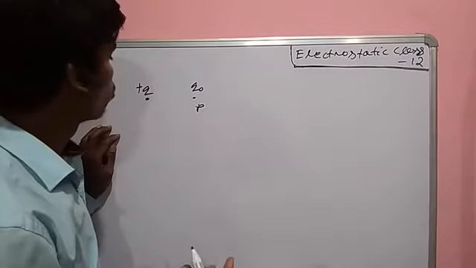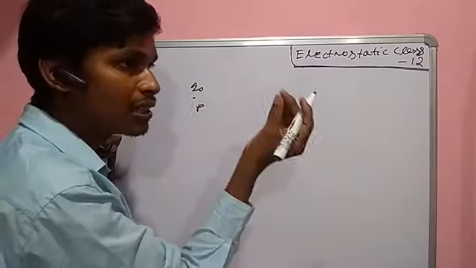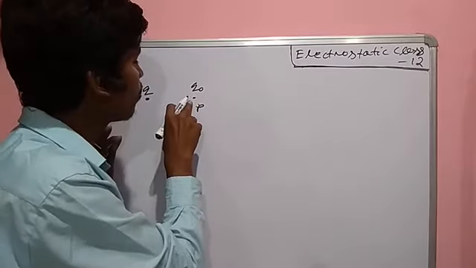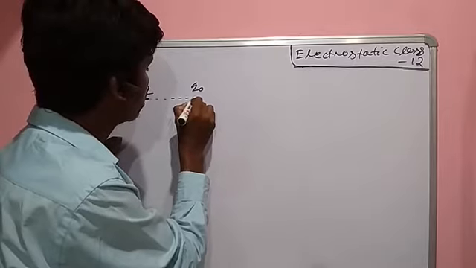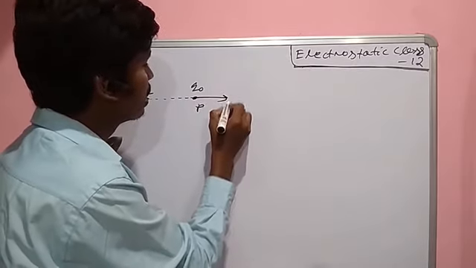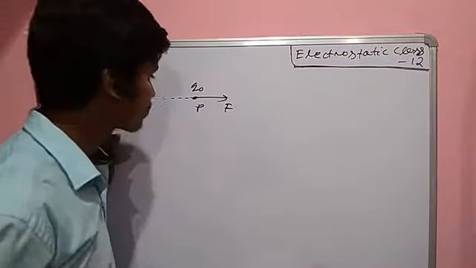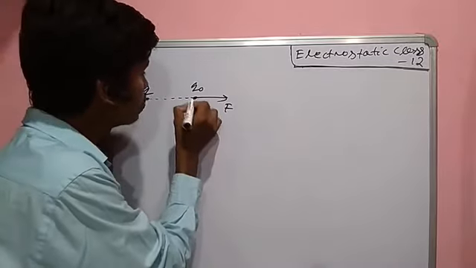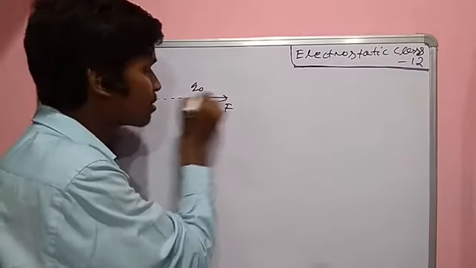So we have known whenever test charge Q0 is placed at point P, then force exerted on this point is in this direction. Yes or no? We have already discussed about it.